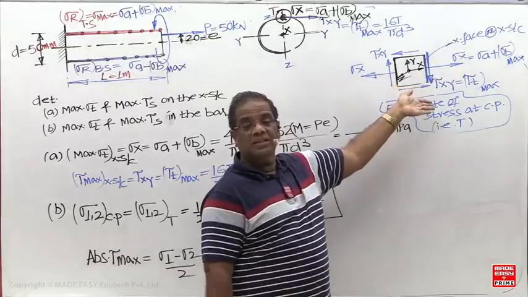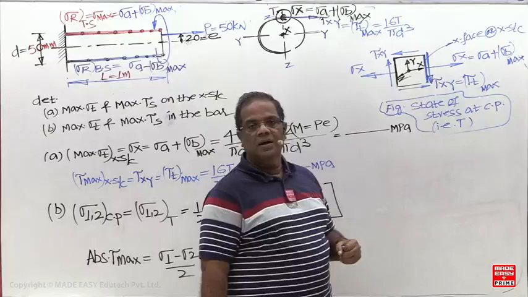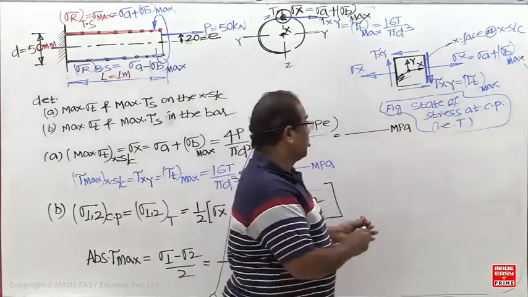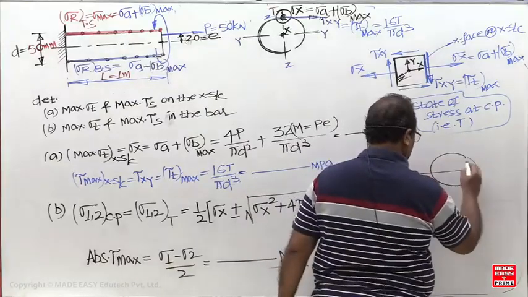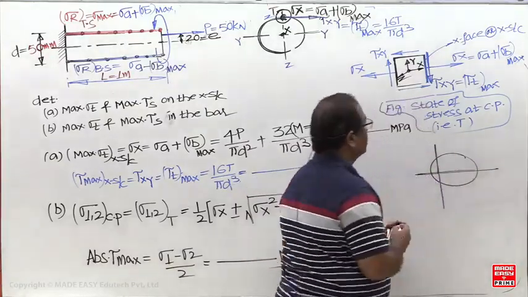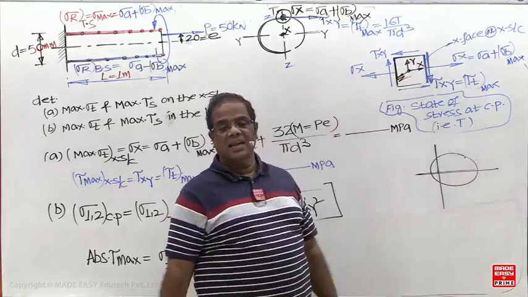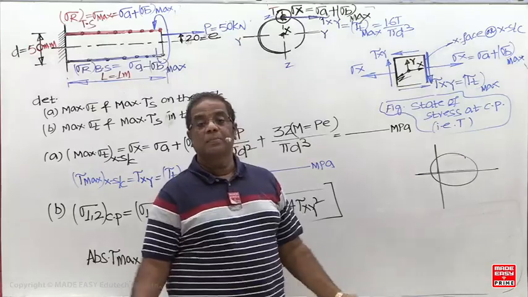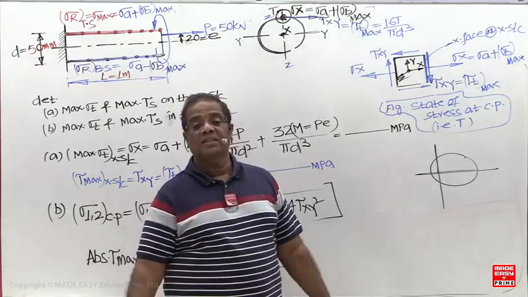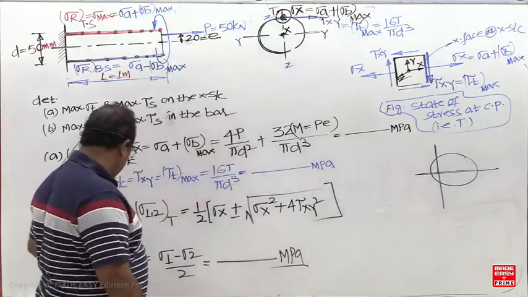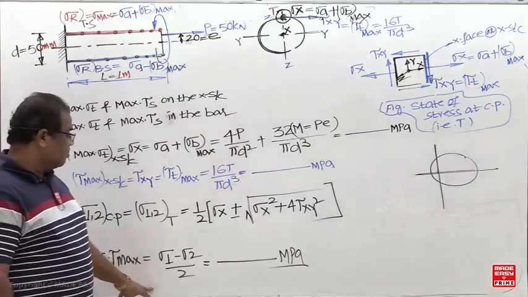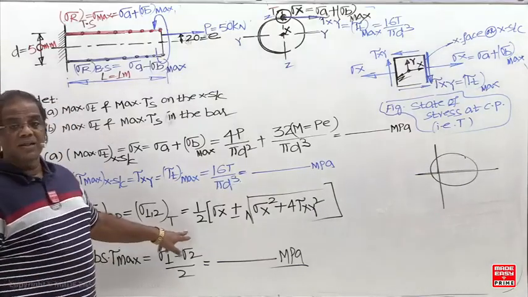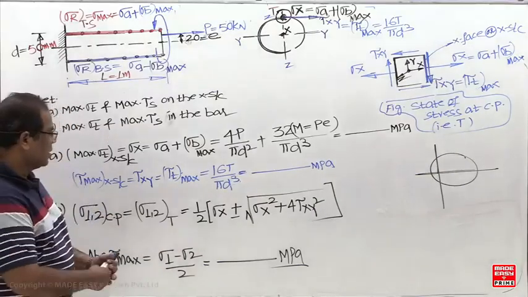What is the shape of the Mohr circle for this? So principal stresses are unlike in nature. Whenever a Mohr circle intersects the y-axis, what have you studied? Principal stresses are unlike in nature, and in-plane tau max and absolute tau max are the same, sigma 1 minus sigma 2 by 2. One is tensile and one is compressive, you are going to get it.